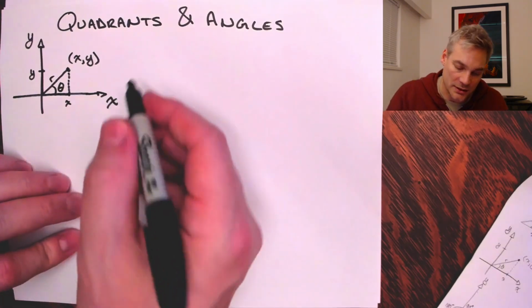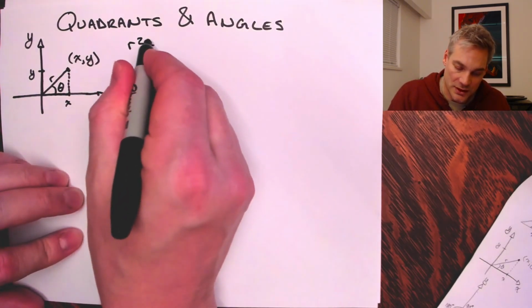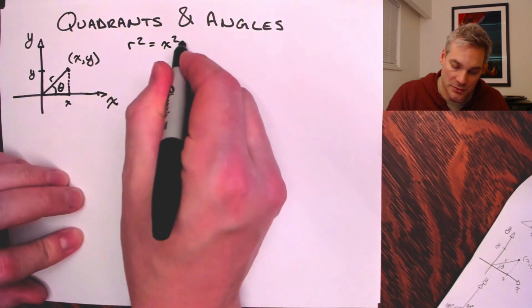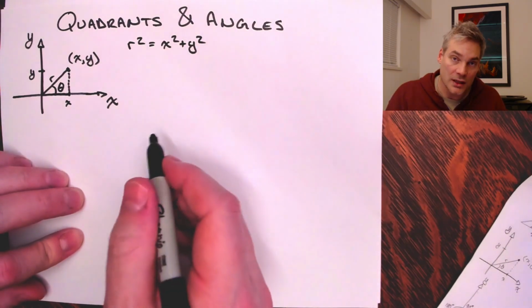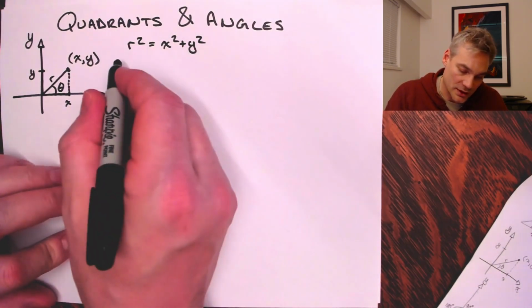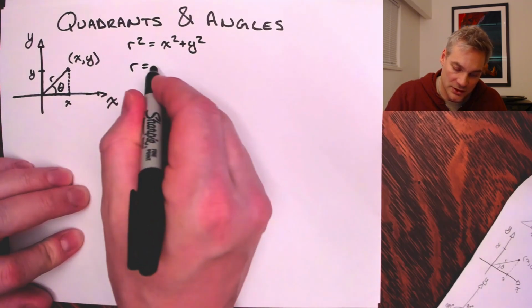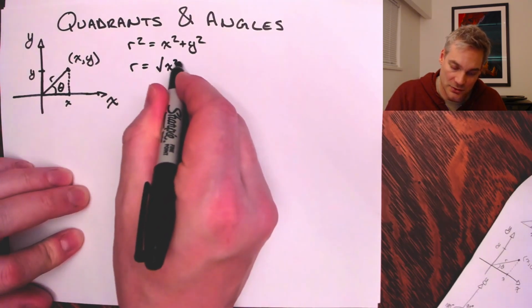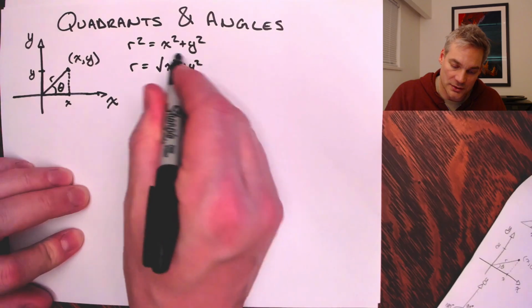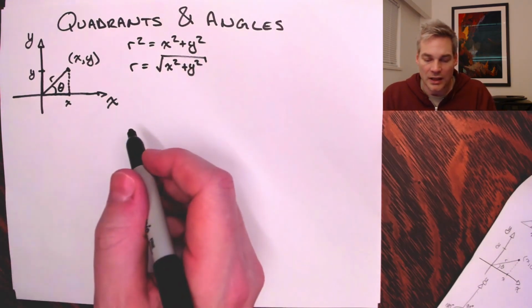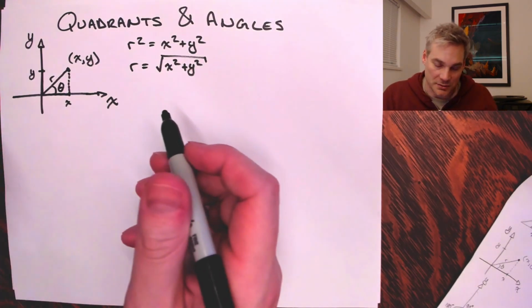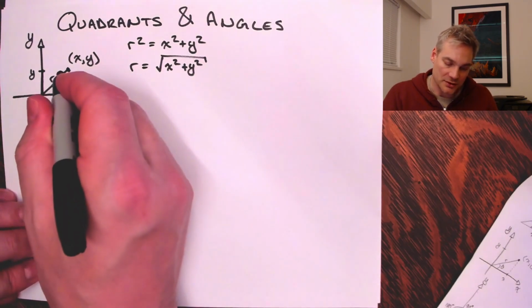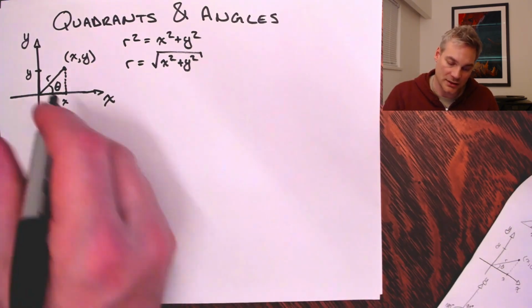We know from Pythagoras' theorem that r squared equals x squared plus y squared. We can calculate r as the square root of x squared plus y squared, and it's always going to be positive because r has to be positive. So this is kind of handy.